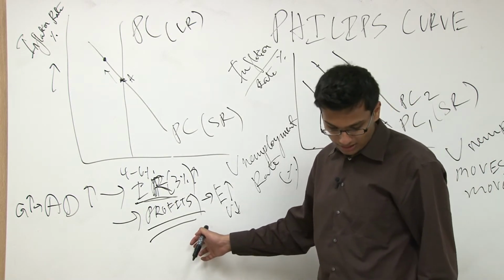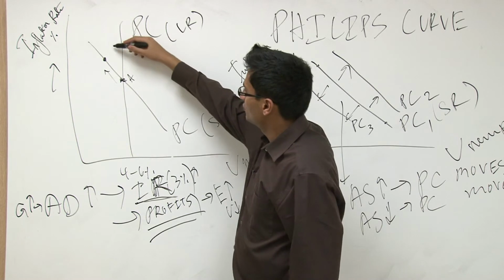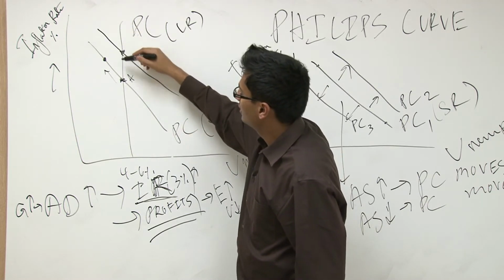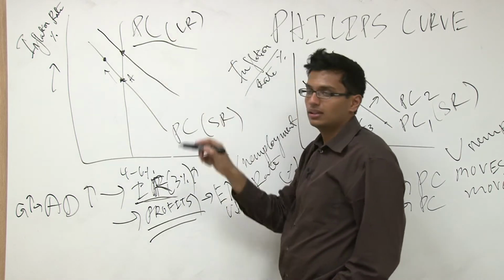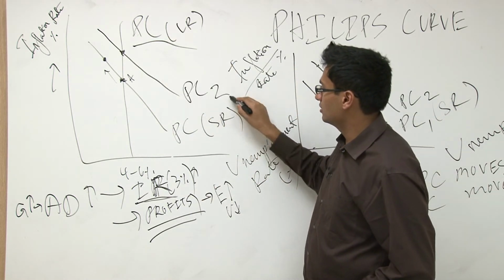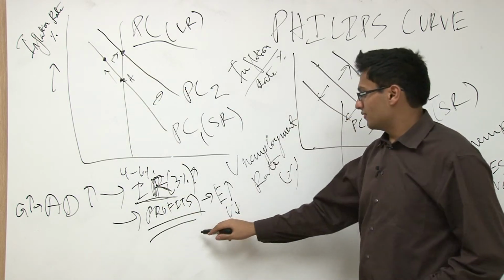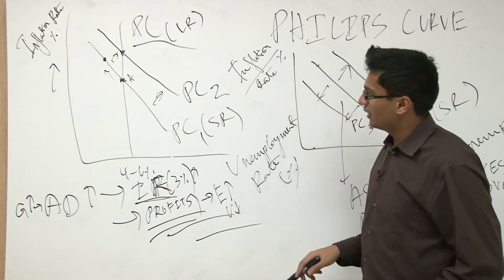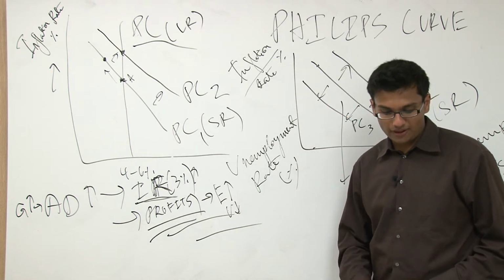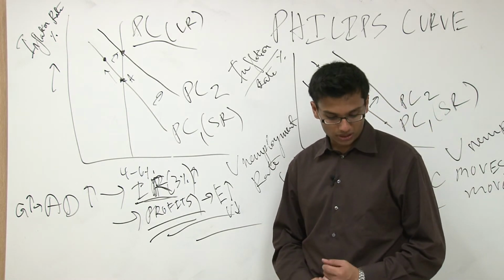If my employment goes up, your PC curve actually moves to the right. And you're back at the PC curve in the long run. We'll call this PC2 and this PC1. So because of this increased amount of profits, your PC curve moves to the right, and all of a sudden we're back at the long run for the Phillips curve.